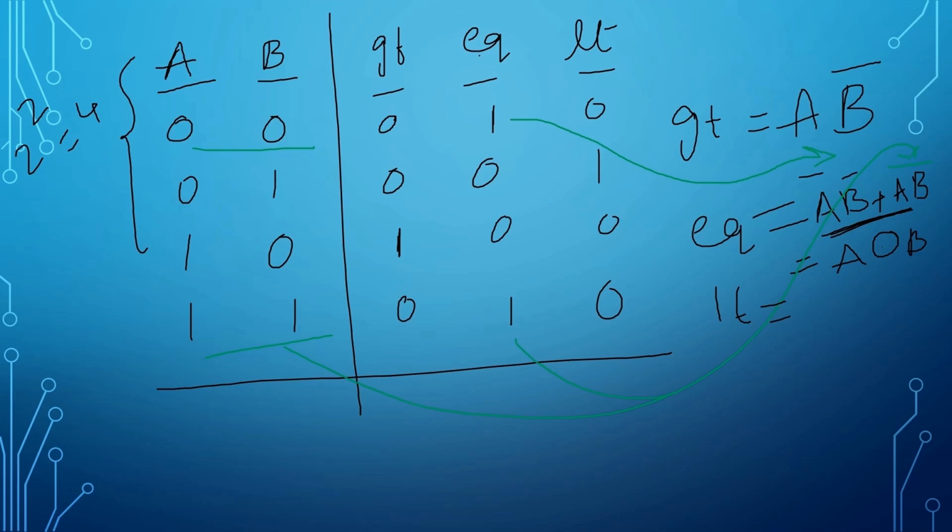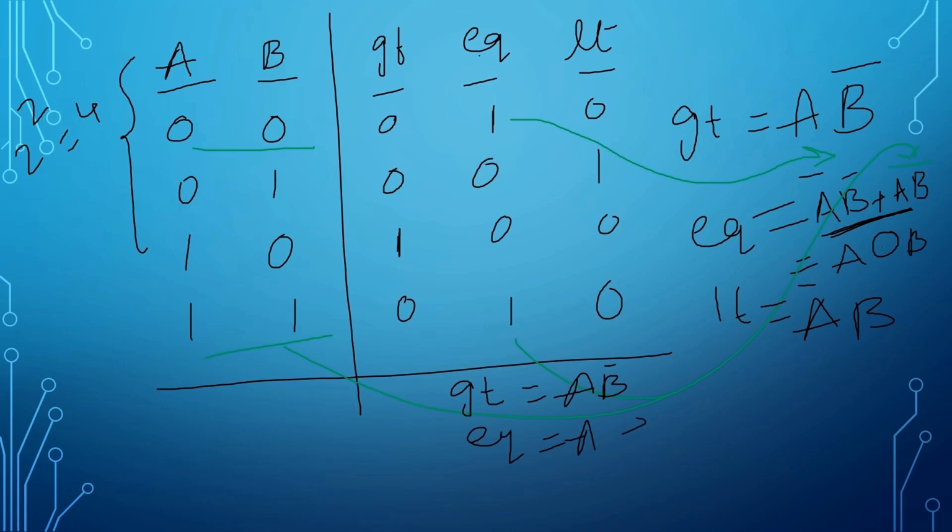And for LT, only when A 0, B 1, LT becomes 1. So A bar B. Here I will write clearly: the equation of GT is A B bar.